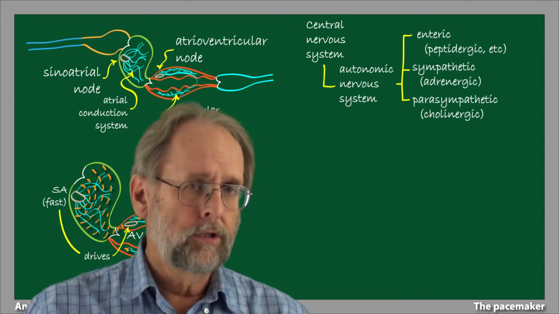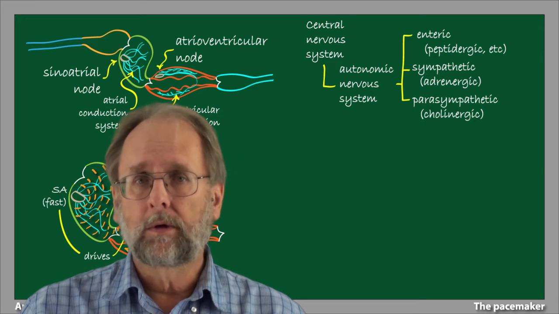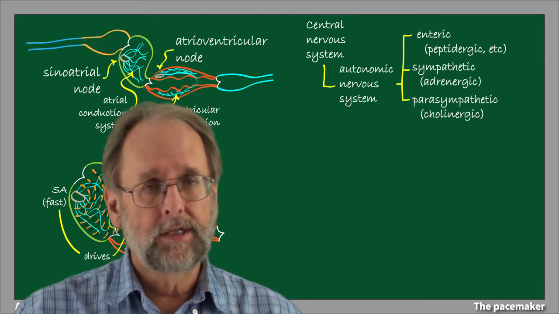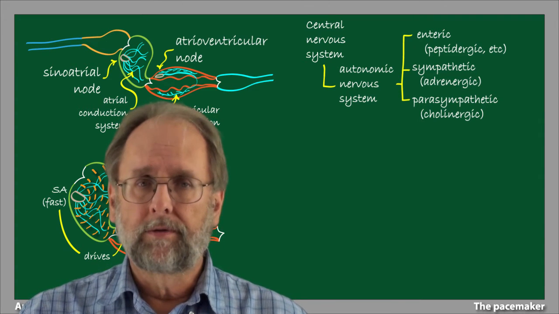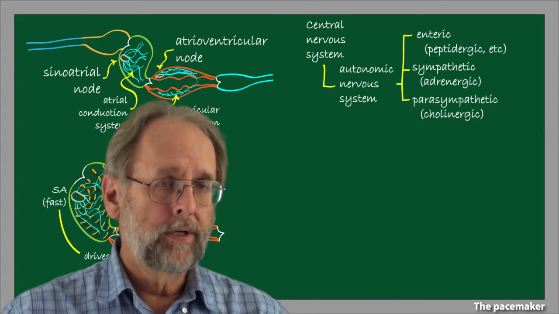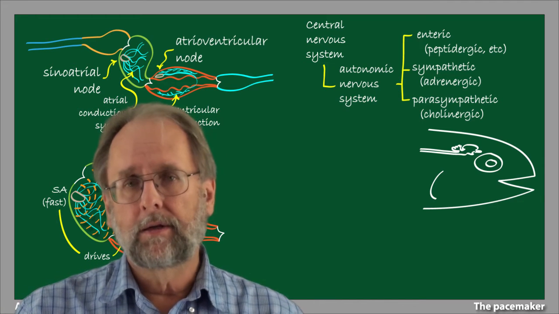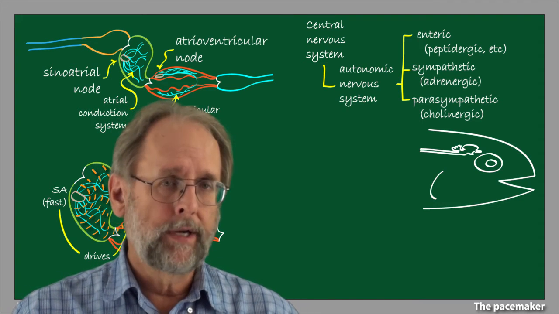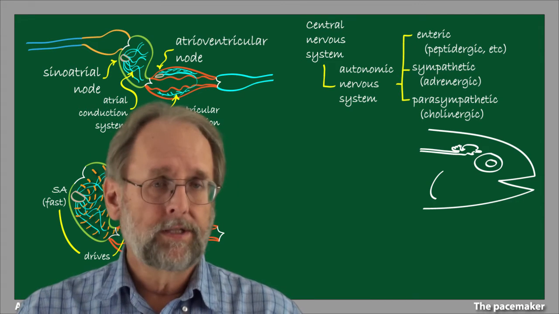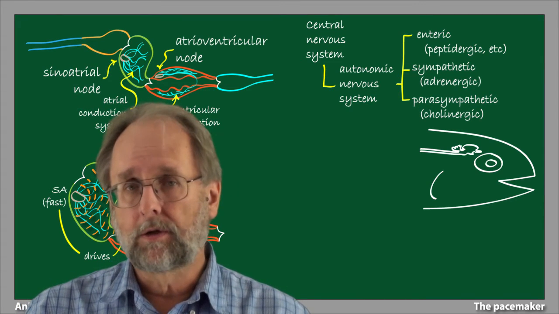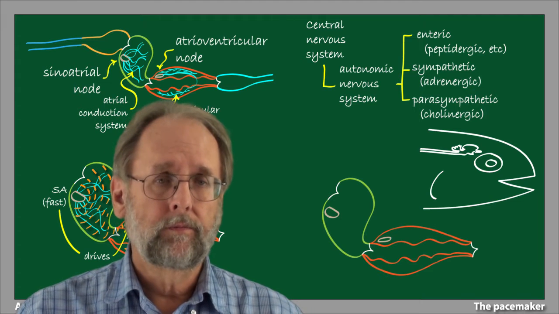This will not be relevant to us today, but we'll come back to it when we talk later about the digestive system. The other two autonomic divisions, the sympathetic and the parasympathetic, arise directly from slightly different parts of the brain. Each employs different neurotransmitters to convey signals from the brain to the various organs of the body, the heart included.